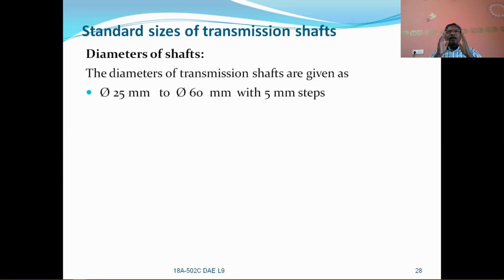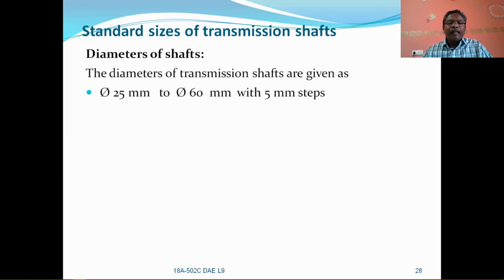If it is, say, 24, then you have to adopt 25. If it is 51 something, then you have to go for 55. So a 5 mm step increment is used for shaft diameters from 25 mm to 60 mm.